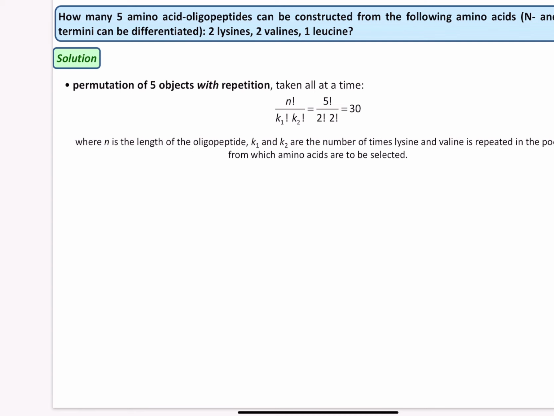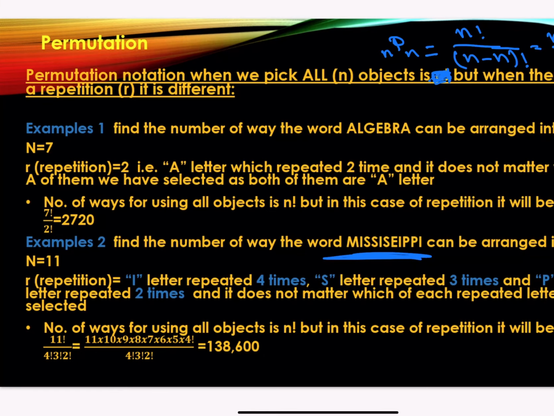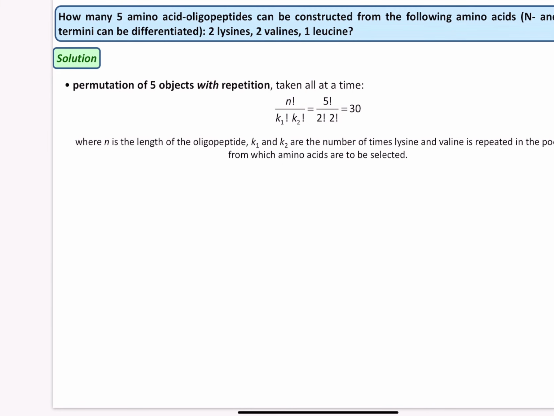If you remember the example we gave for the word Mississippi, I is repeated 4 times, S repeated 4 times, and P repeated 2 times. How did I know that? I counted them: I 1, 2, 3, 4; P 1, 2; S 1, 2, 3, 4, and I wrote them down. But in our example here, they have given us the repetition.